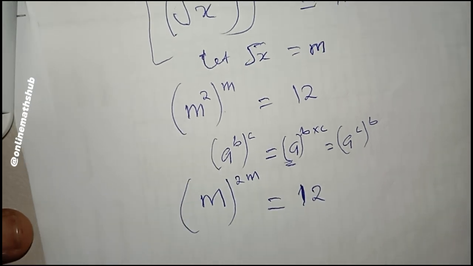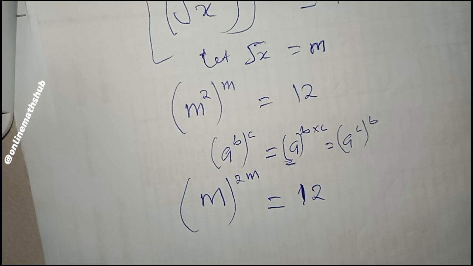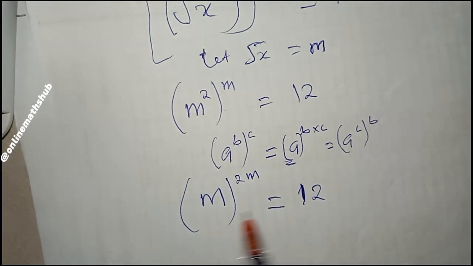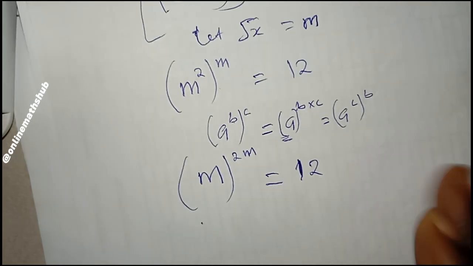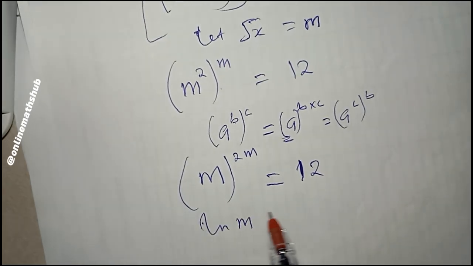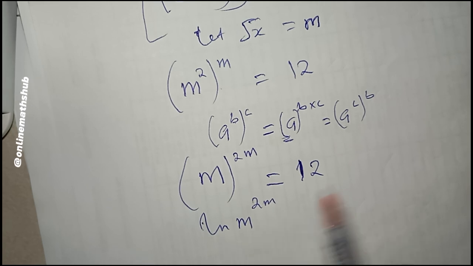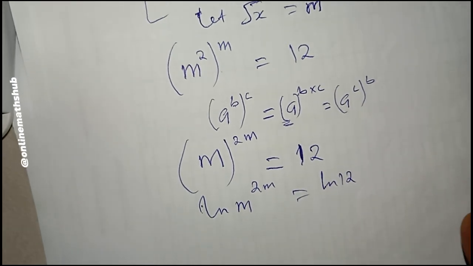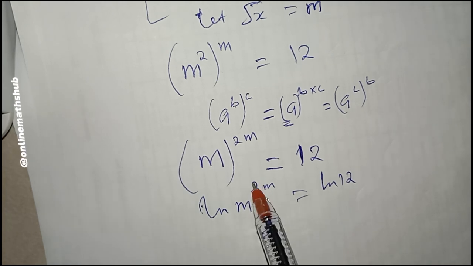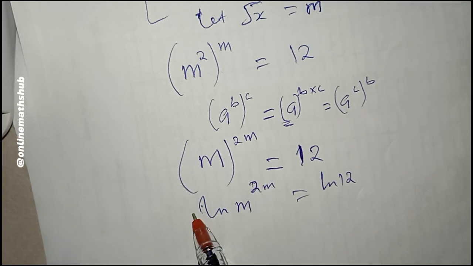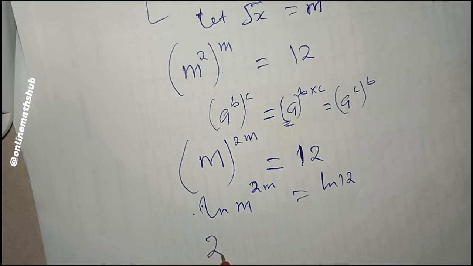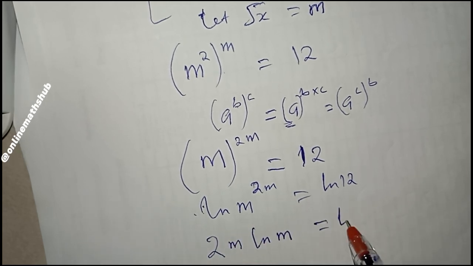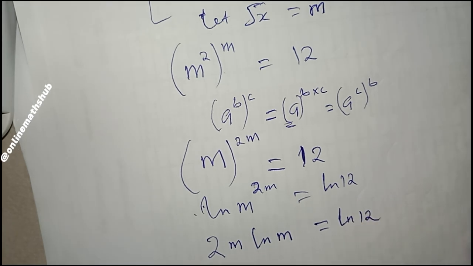What we do next is take the natural log of both sides so that we can bring down this power 2m. So we have the natural log of m power 2m is equal to the natural log of 12. Utilizing the property of log, I'm going to bring down this 2m right here, so that we now have 2m multiplied by natural log of m is equal to the natural log of 12.